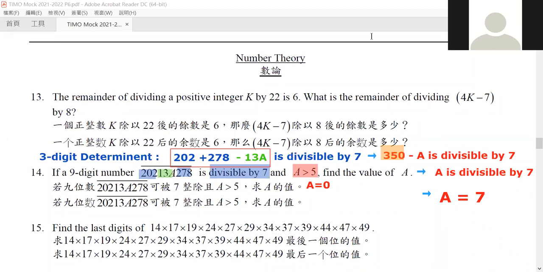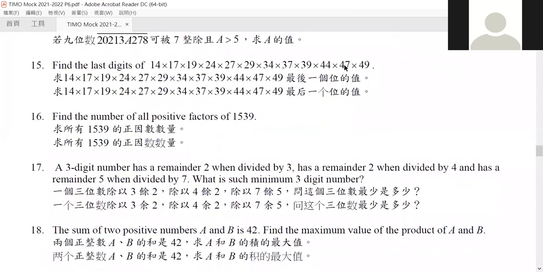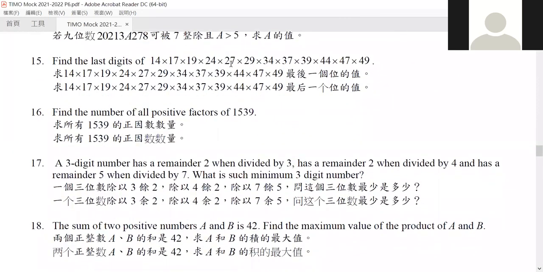Now let's go to question 15. Find the last digit of this multiplication. Now this is very difficult, but we know that the last digit is only affected by the last digit of each of these terms of the multiples.